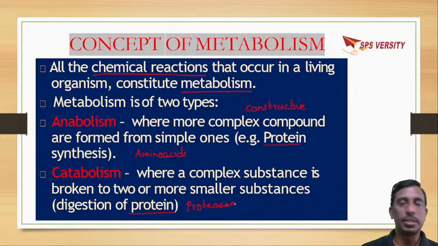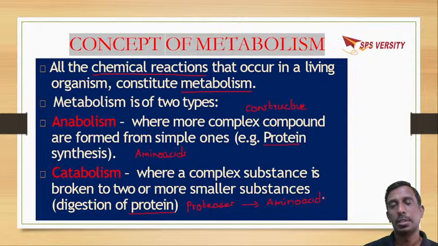After digestion of proteins we finally get amino acids, that is from complex substances, from protein, amino acids. The same, if you take polysaccharides, on digestion of polysaccharides you will get monosaccharides. So this is called catabolism.